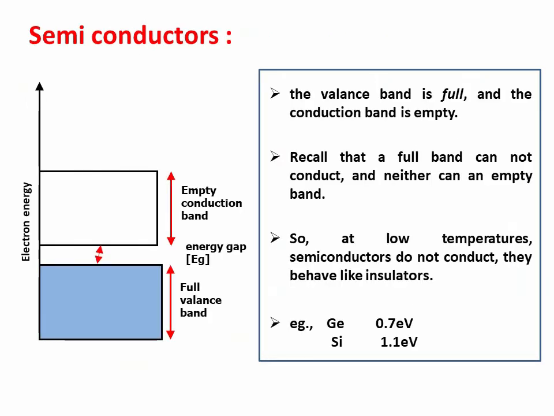Next, semiconductors. We can see a very narrow band gap in between valence band and conduction band. We already studied that semiconductors have two properties, like good conductors and bad conductors, depending on the temperature. So, first case, at low temperature.